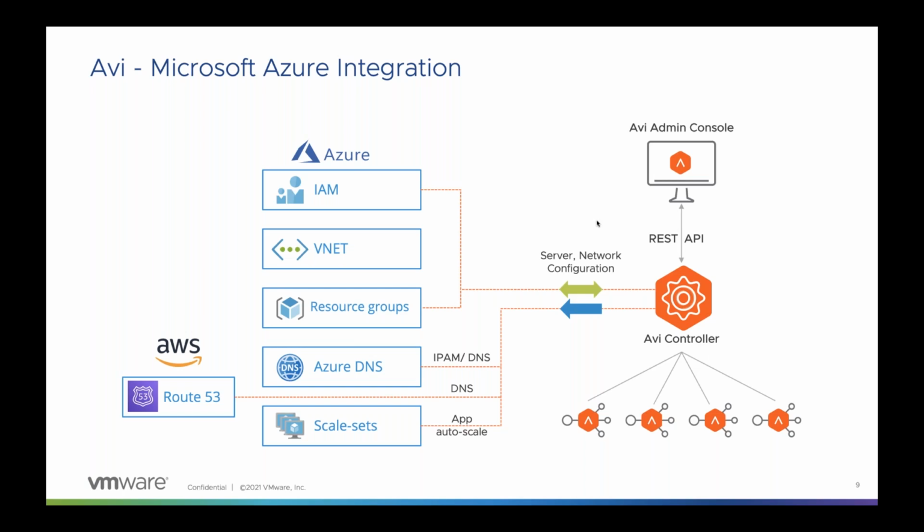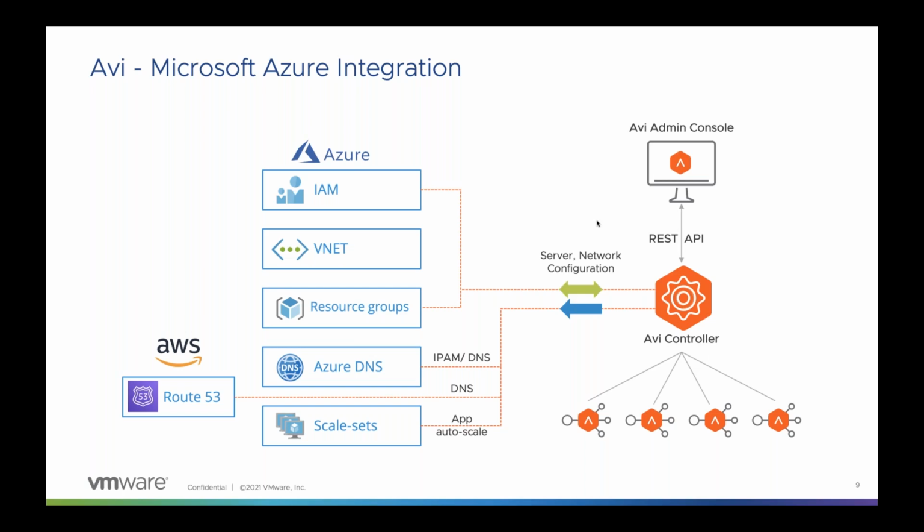So we can also leverage auto scaling, where the controller can auto scale not just itself or the service engine data plane capacity. It can also auto scale the virtual machine scale sets as required and add them to the pool members.